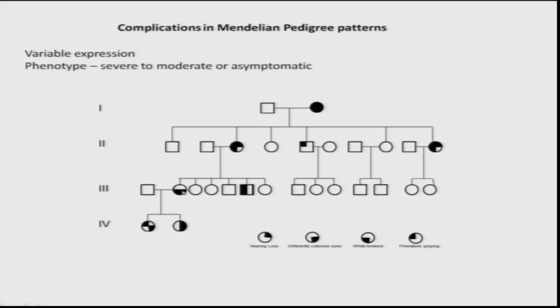So you can use different filling in the symbols for an individual, whether it's a circle or square, to denote the spectrum of phenotype or the symptoms or severity. That would also help you to understand how the disease, in terms of its severity, runs in the family.